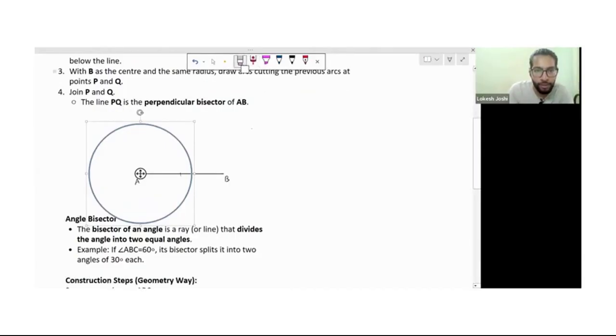So one arc should be somewhere on the upper side and one below that line. And using the same arc, what we have to do?